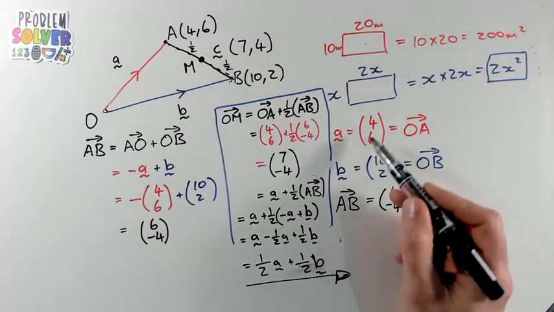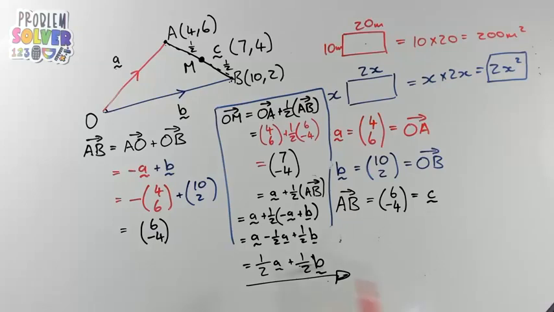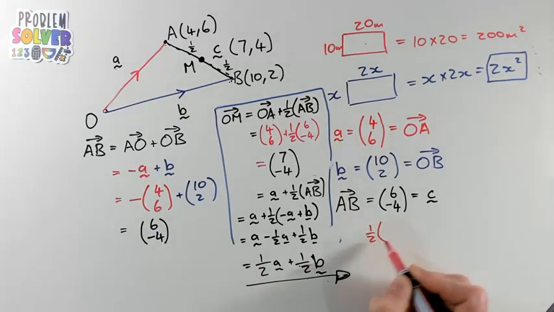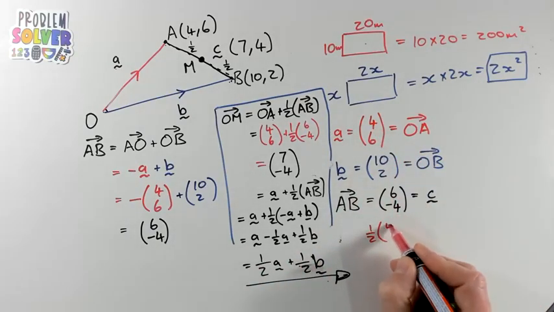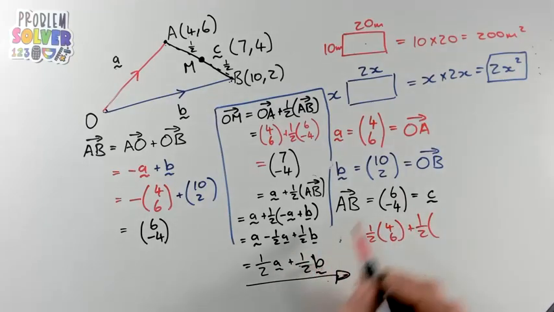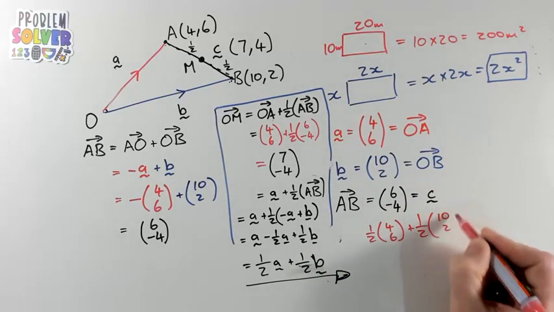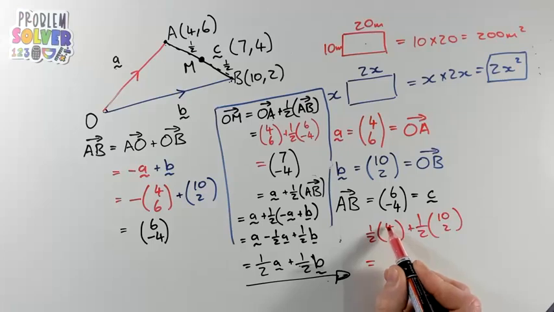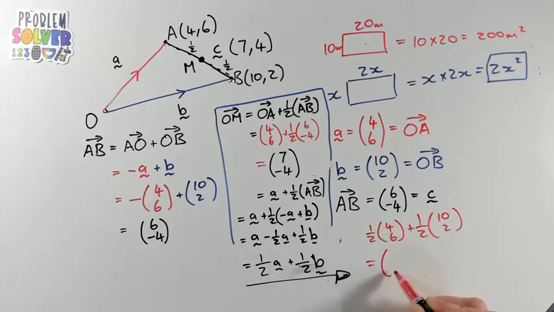But I can see if I sub in these values, I should get to the same value. So half of A, which was 4 over 6, plus half of B, which was 10 over 2. So this would be, sorry, this is half of 4, so it's 2 plus 5, which is 7.